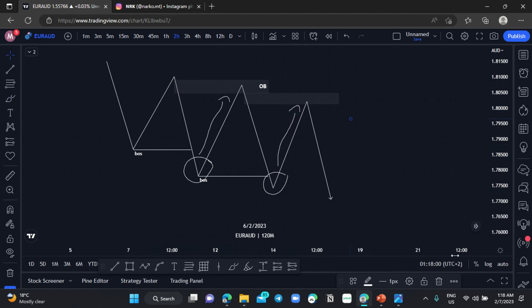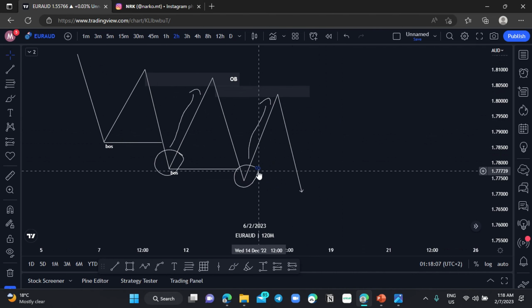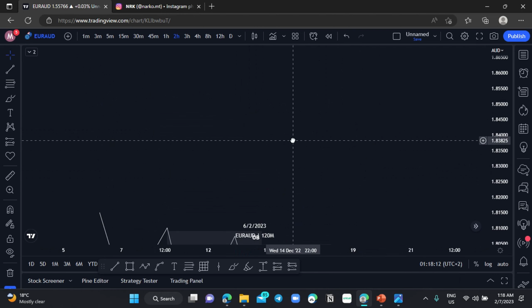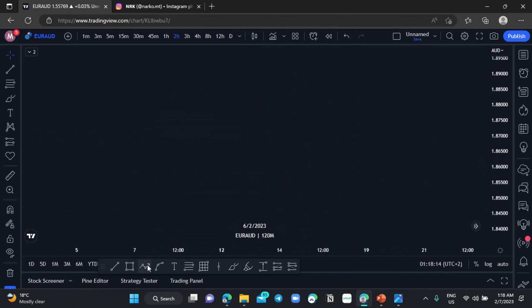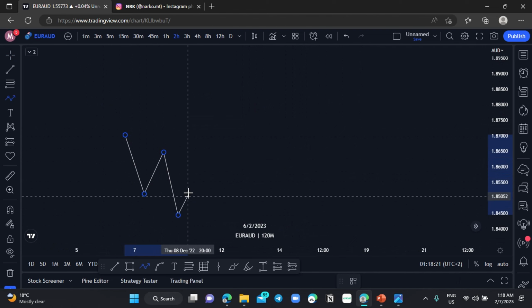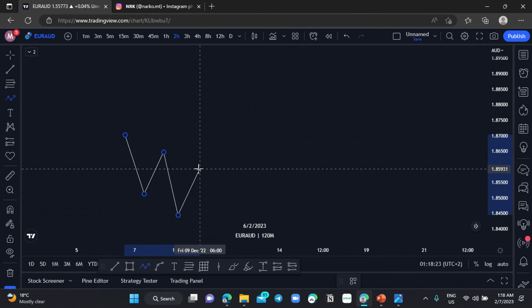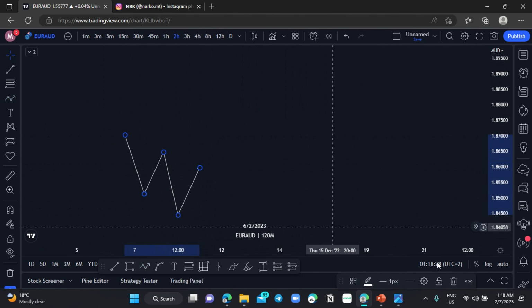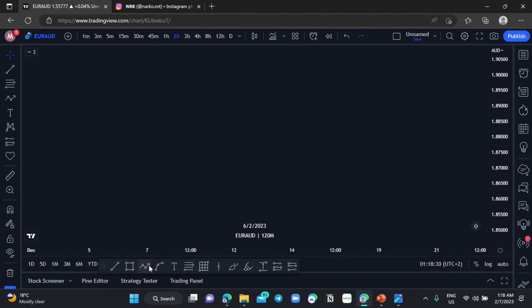Okay, so in these cases, this is usually on the higher time frames. So to trade this pullback here, you have to scale in into your lower time frames, and in your lower time frames you're going to find something like this, whereby we are pushing bearishly.